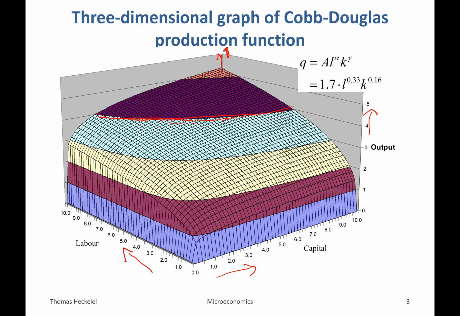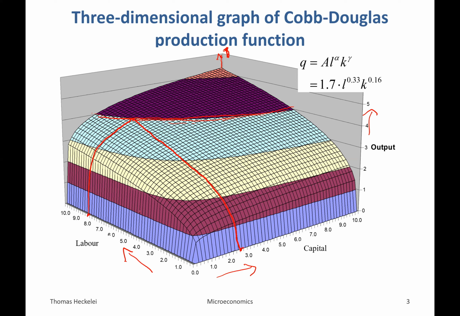Let's take a look. For example, here, okay, now I choose this level of output. That requires this much labor, around 8 units, and that much capital, a little bit less than 3.